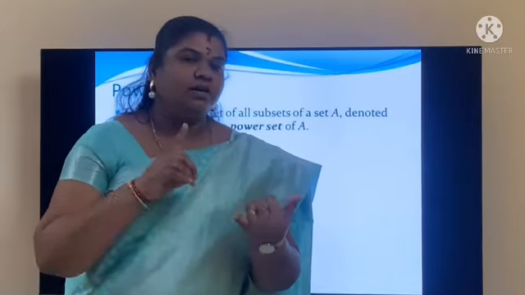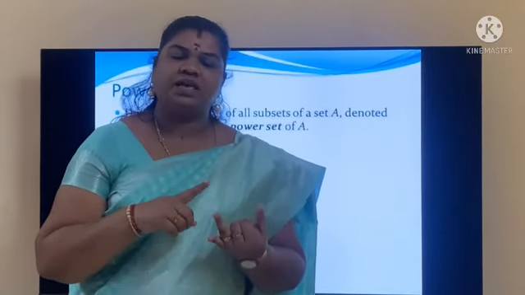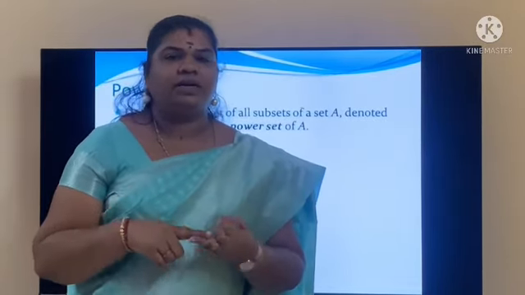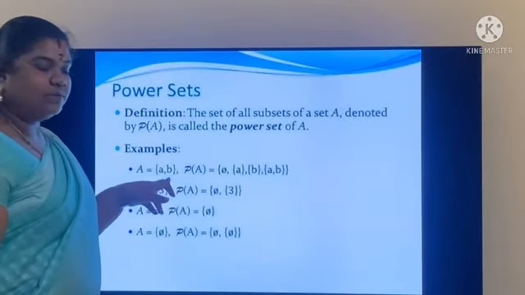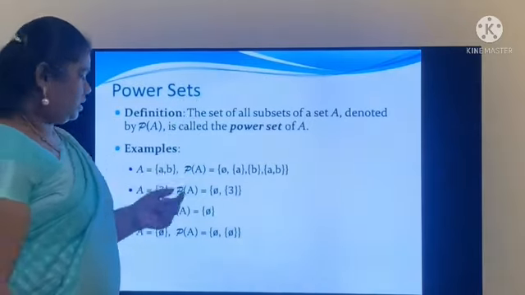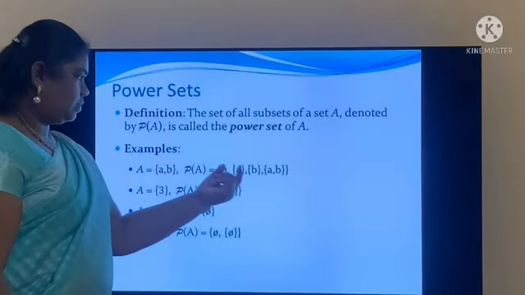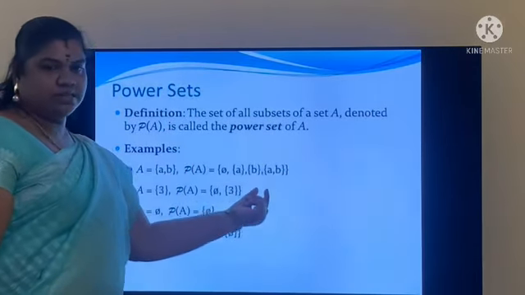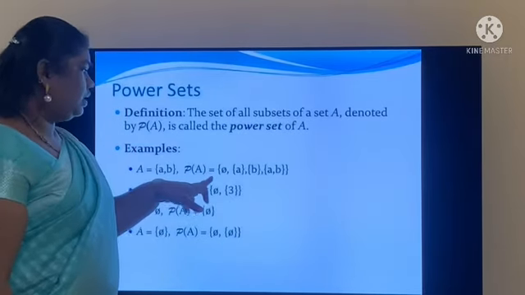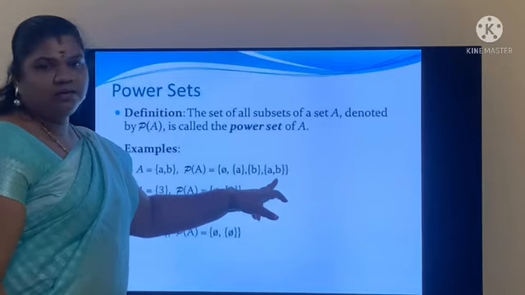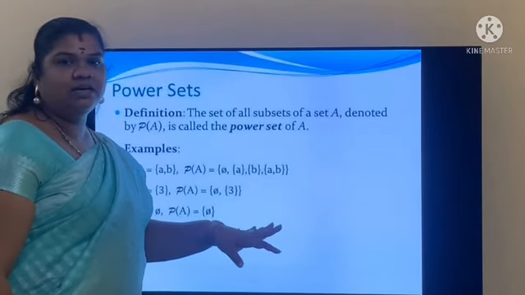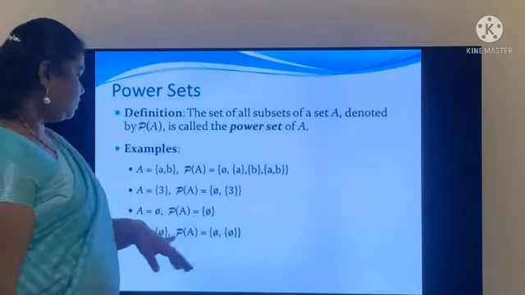Condition first is the null set will be a subset and the set itself will be a subset. So you see here, we have the set with A and B as two elements. Set {a} is a subset, set {b} is a subset. As I already told you, the null set is a subset of every set. And in the same way, the set itself is a subset.